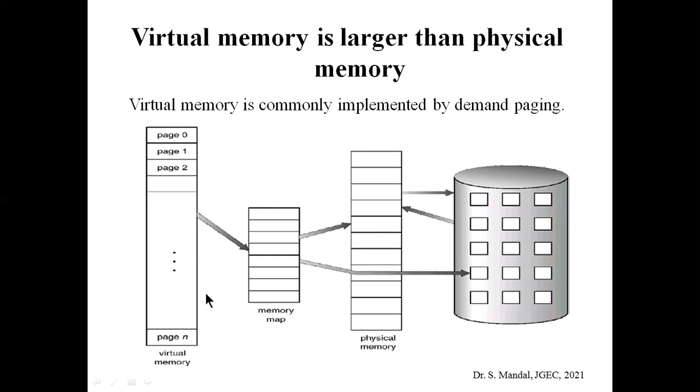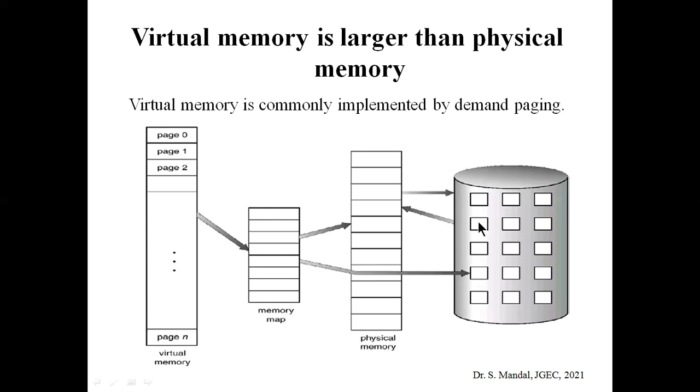Now whenever the CPU requests to load particular pages, there is some kind of memory map technique that converts this particular virtual memory address into the physical memory address. For that purpose, the operating system needs to access the secondary memory location. You can see that it can access the respective secondary storage or hard disk.